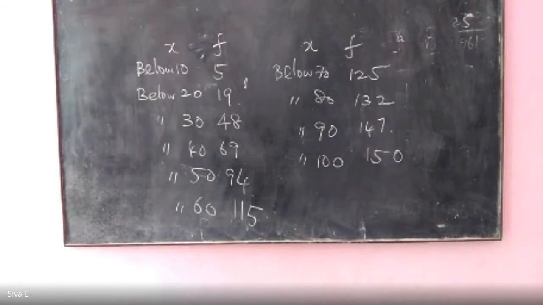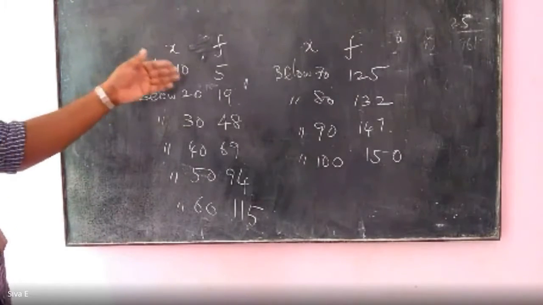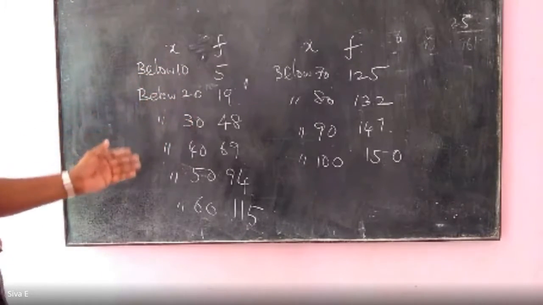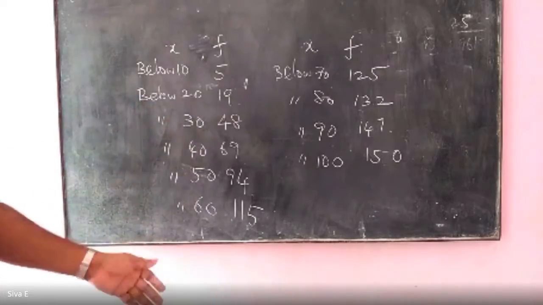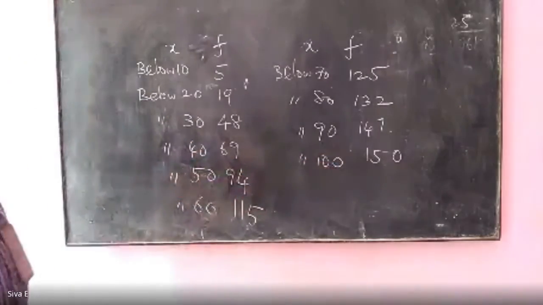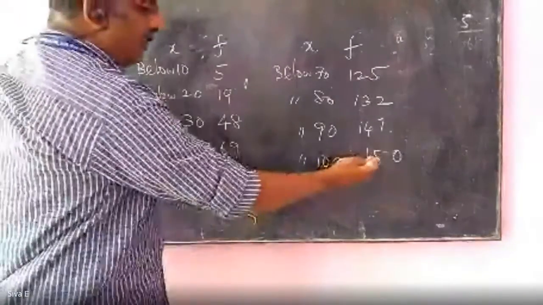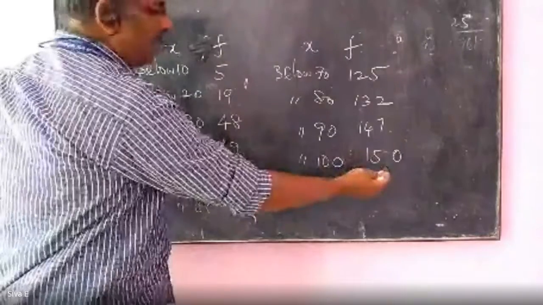See, there are two types of this problem. In case above 0, above 10, above 20, above 30, up to above 100 is given, then you have to subtract the frequency one by one from the reverse.